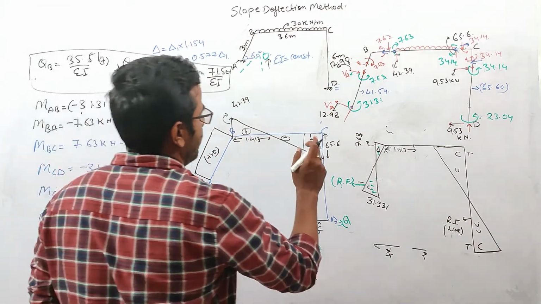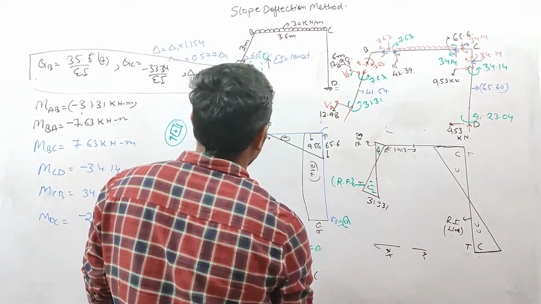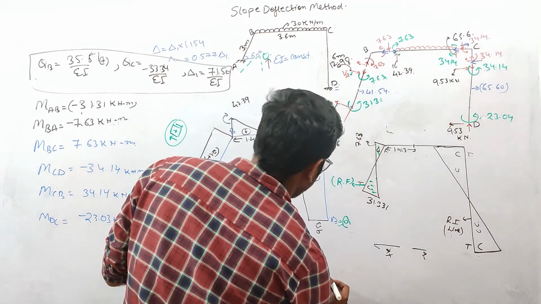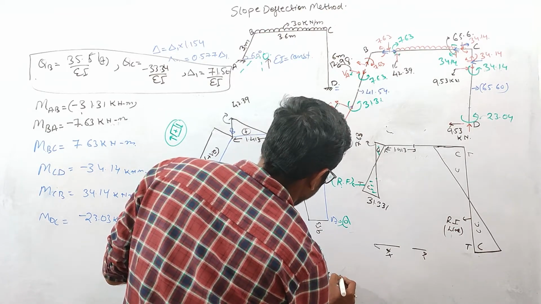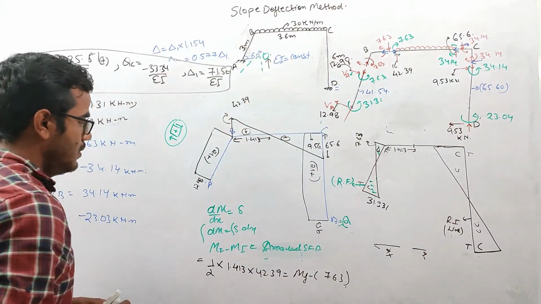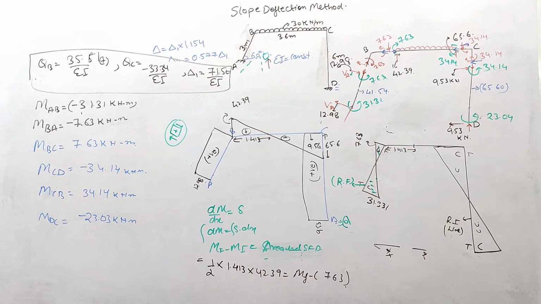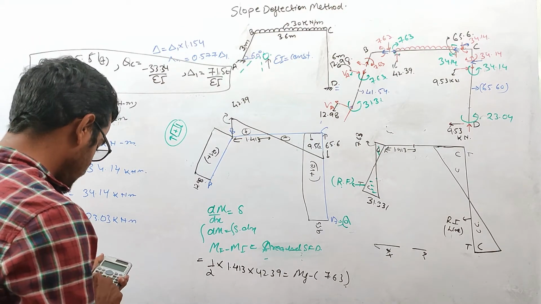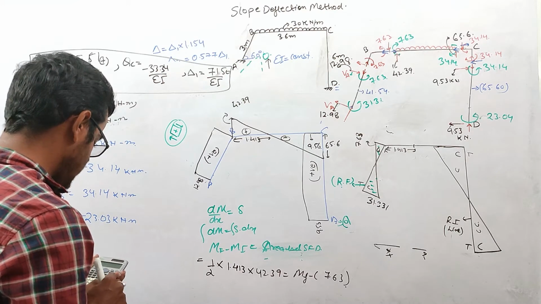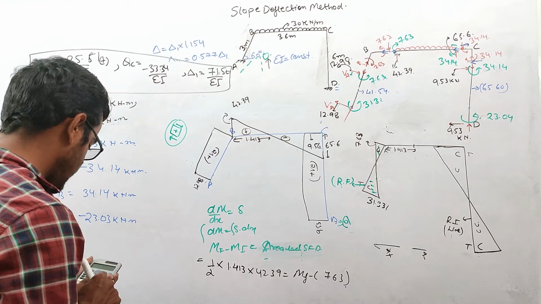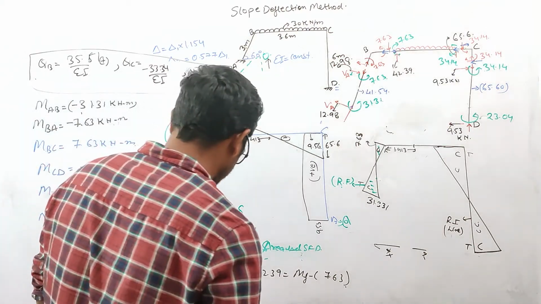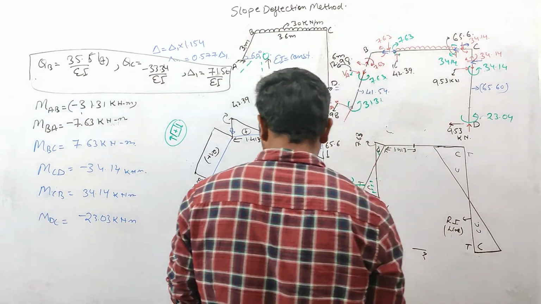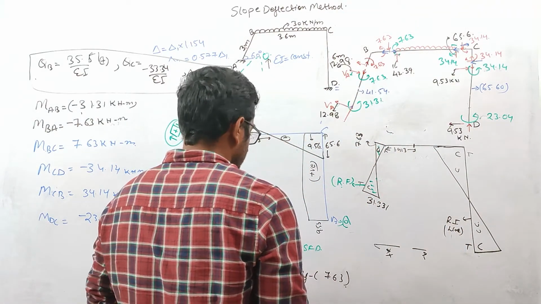So M final we have to find at this point, and M initial is 7.63, right? So the value will be 0.5 into 1.413 into 42.39 plus 7.63, which is 37.57. So the bending moment value at this point is 37.57 and it is positive.